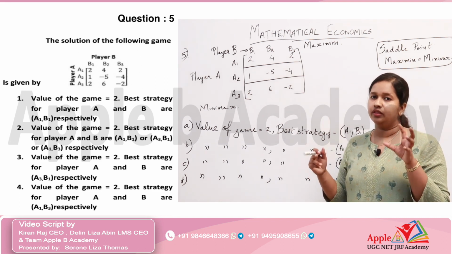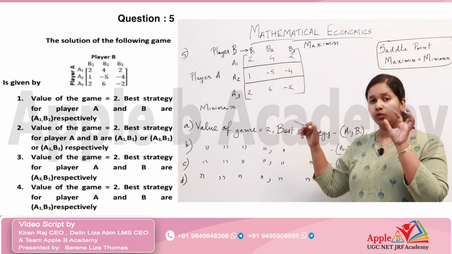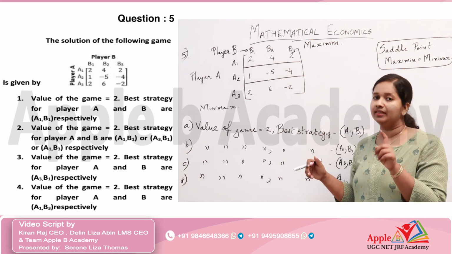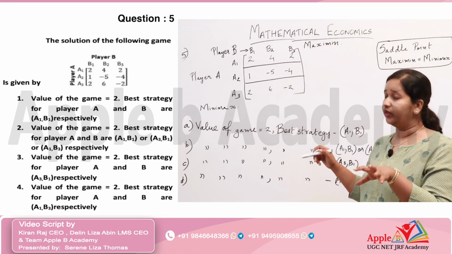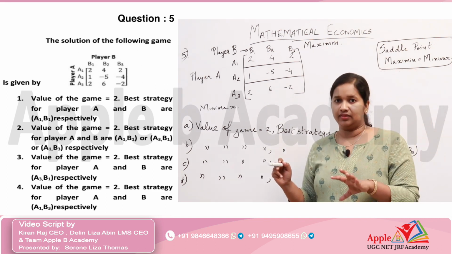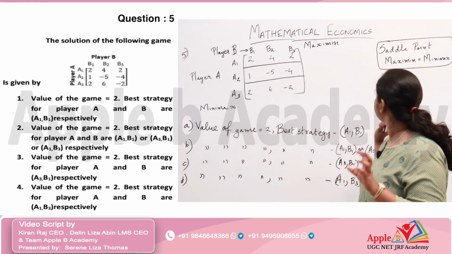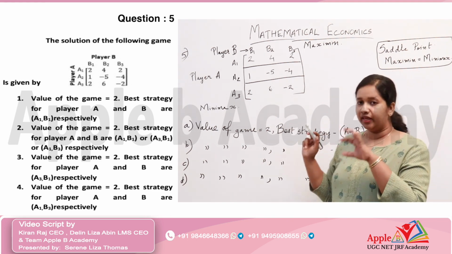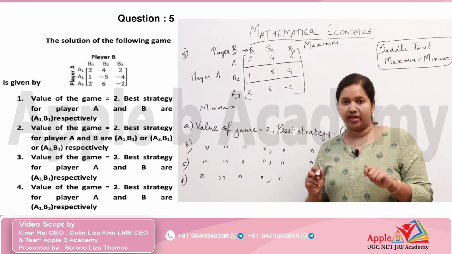The saddle point is a point where maxi-min is equal to mini-max.